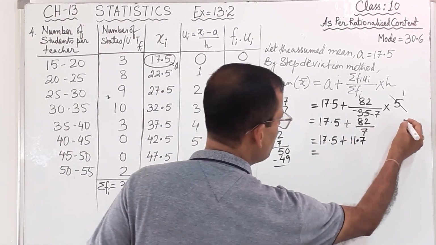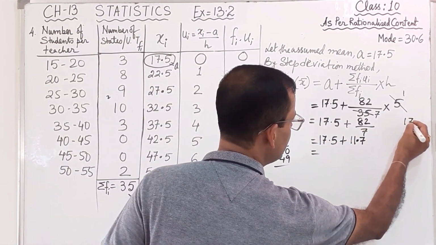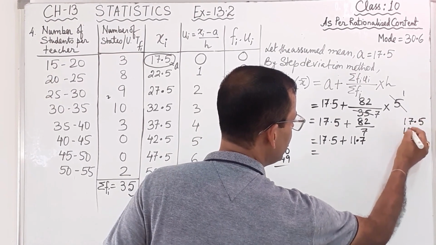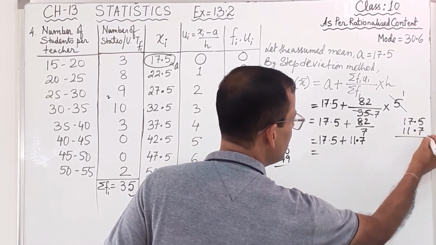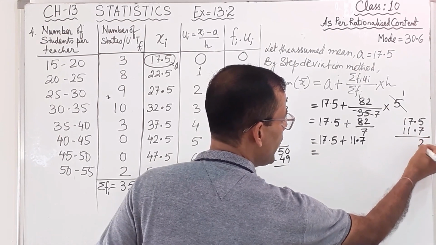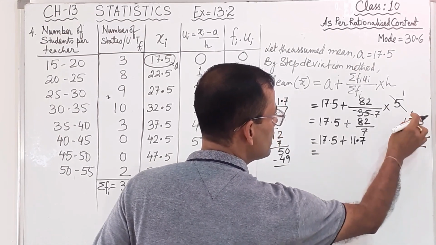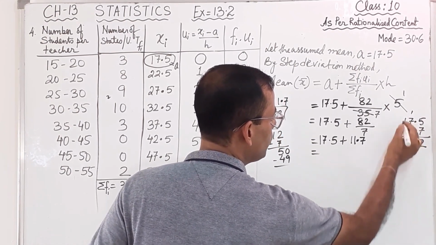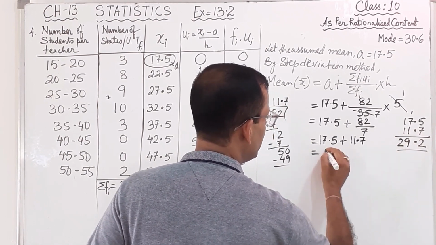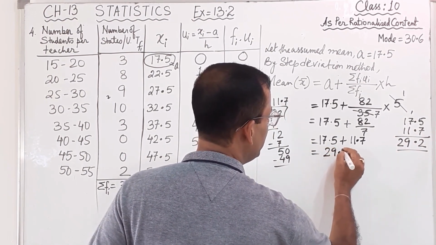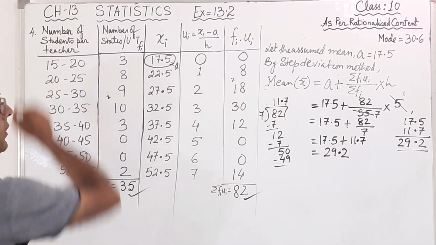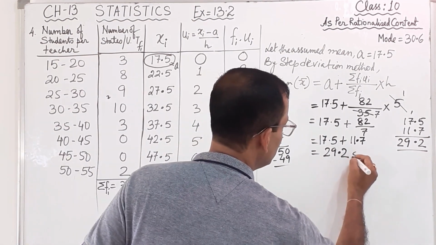Now these two we will add it. Okay. So how we will add 17.5 and then 11.7. So 7 plus 5, 12. Okay. 1 carry. 7, 8, 9 and 1 plus 1, 2. So what you get? 29.2. Clear no? And students per teacher.